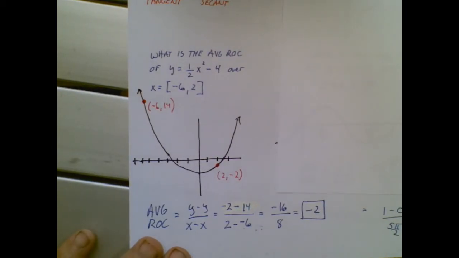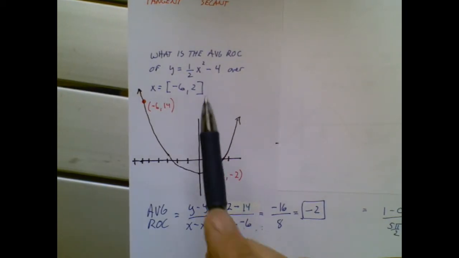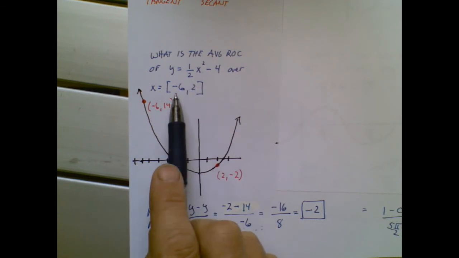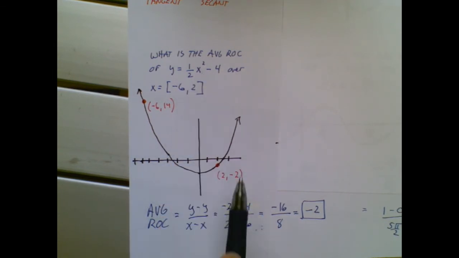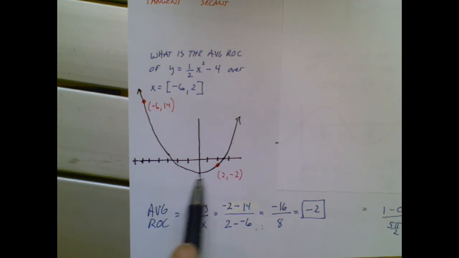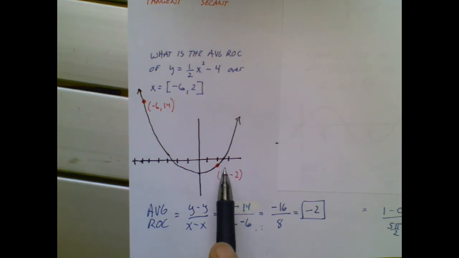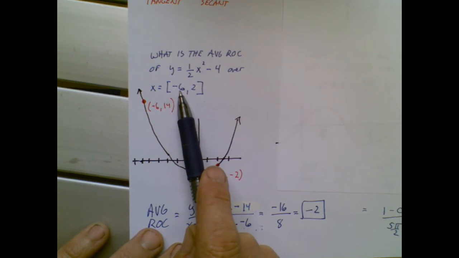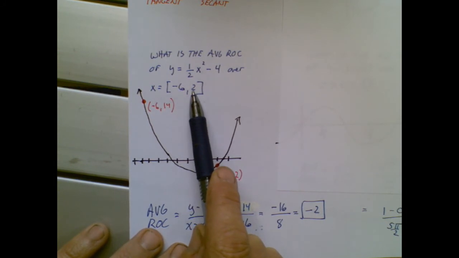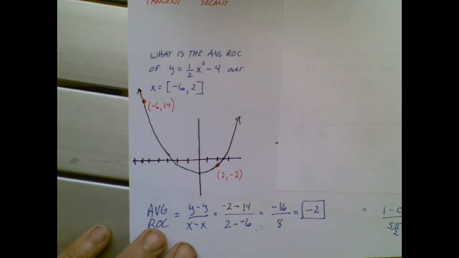What is the average rate of change of this friendly parabola over this interval? So I took the friendly parabola and I made a basic sketch of it, probably not to scale. And then they said we want the average rate of change from -6 to +2 along the x-axis.